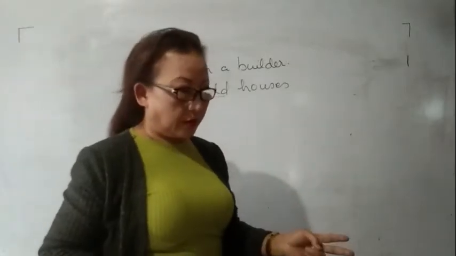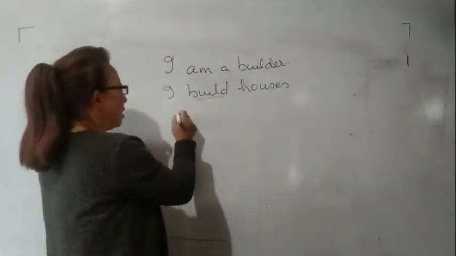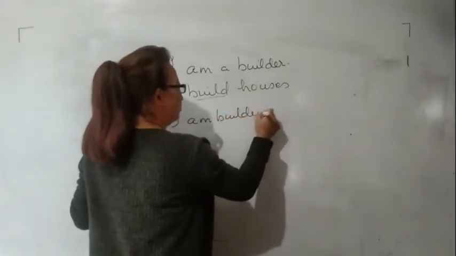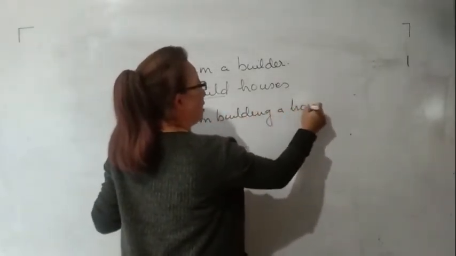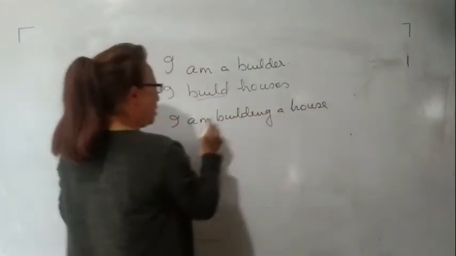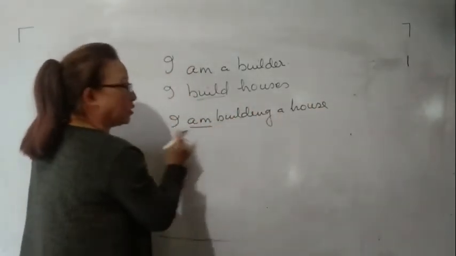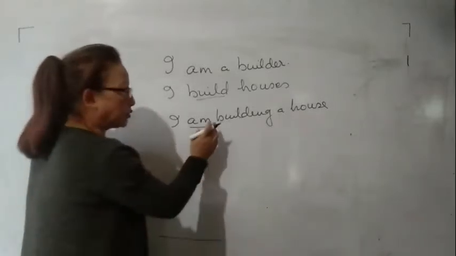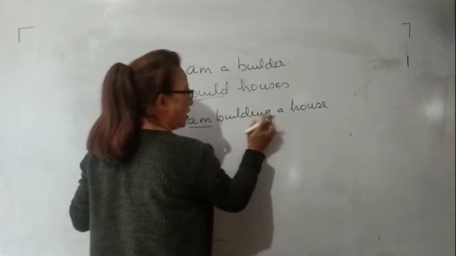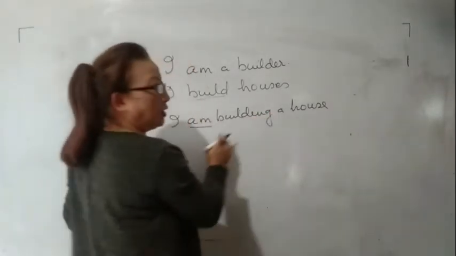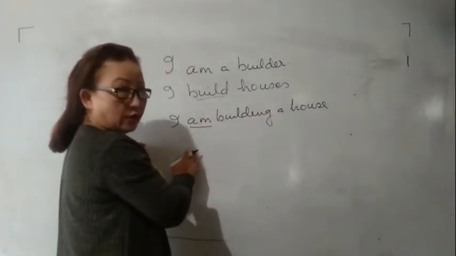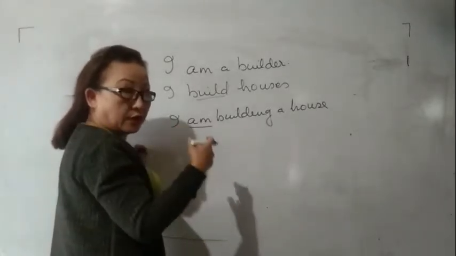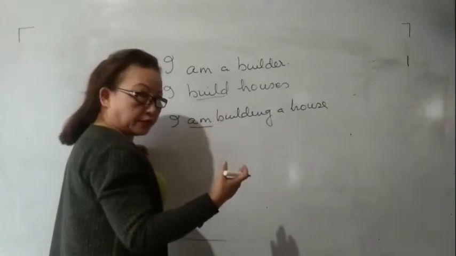But I may also say, I am building a house. When I say I am building a house, here am is the auxiliary verb or the helping verb, which is used with the main verb build plus ing to indicate that the action is going on at the moment, at the present time.